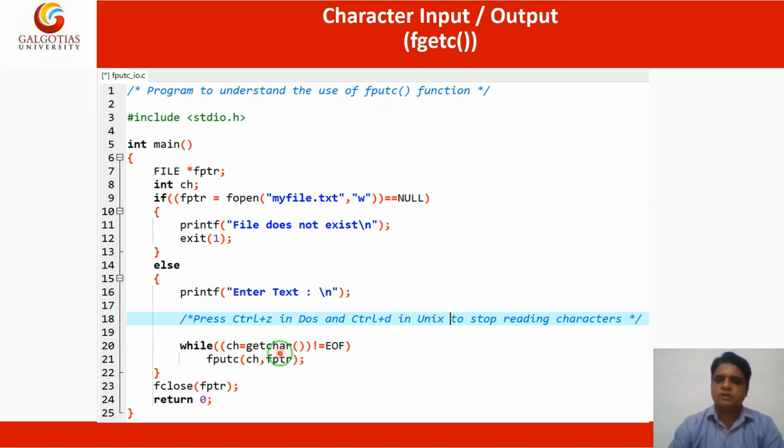Suppose you have entered a, then ch is a, and this character will go to fptr. fptr is pointed to myfile.txt, and all the characters which you have entered from the keyboard are written one by one into this file with the use of the fputc function, and at last we will close it.